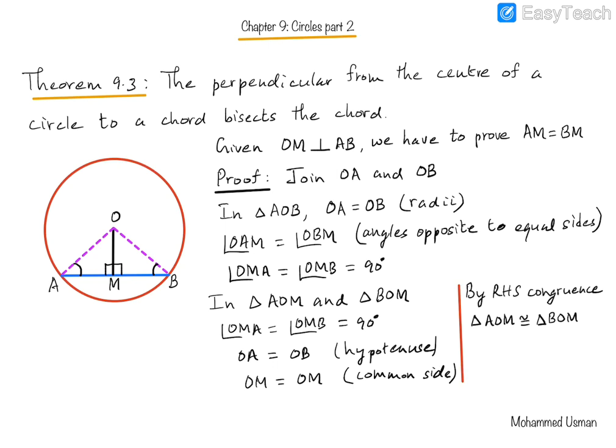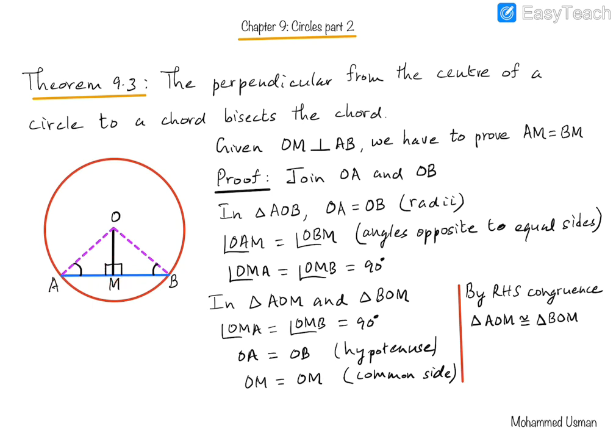Now that we have shown that the two triangles AOM and BOM are congruent to each other, we can apply the CPCT rule and show that the corresponding parts of the congruent triangles are equal. So by CPCT we can show that the side AM of the triangle AOM is equal to the side BM of the triangle BOM. That means the perpendicular OM is dividing AB into two equal parts.